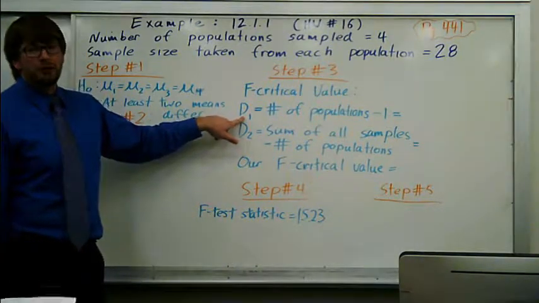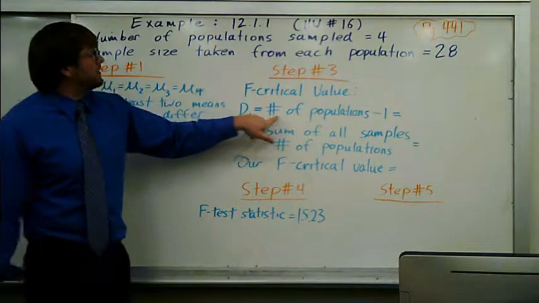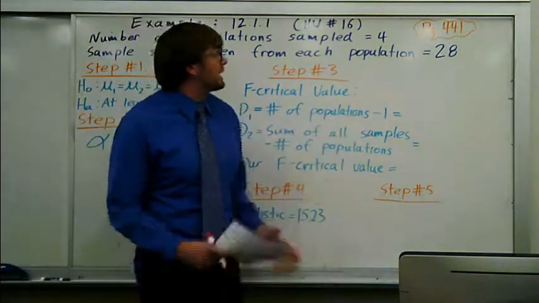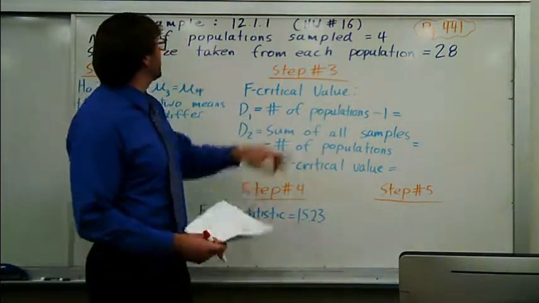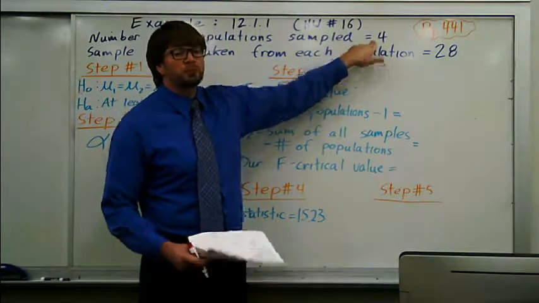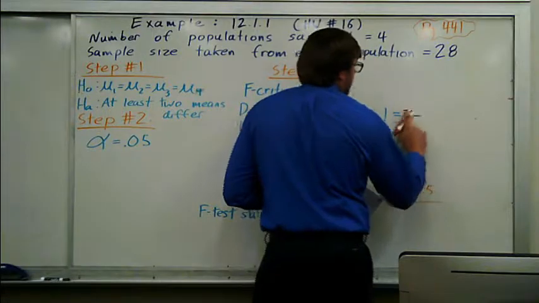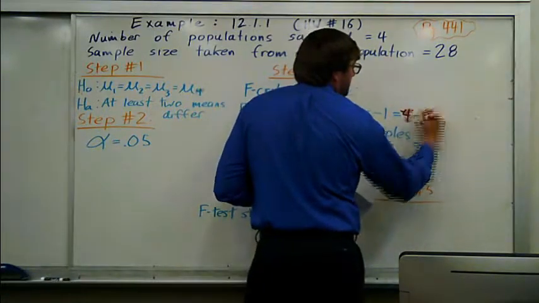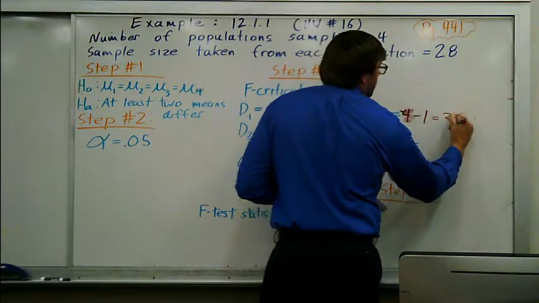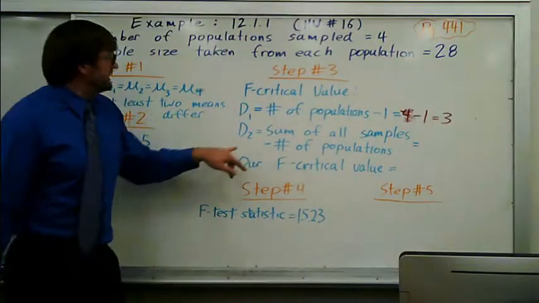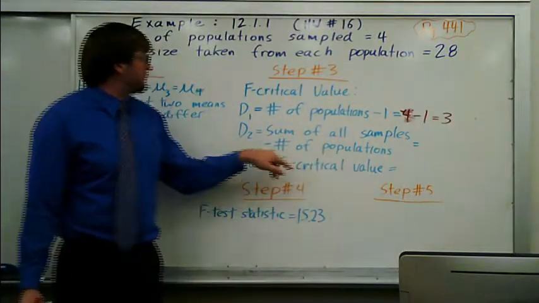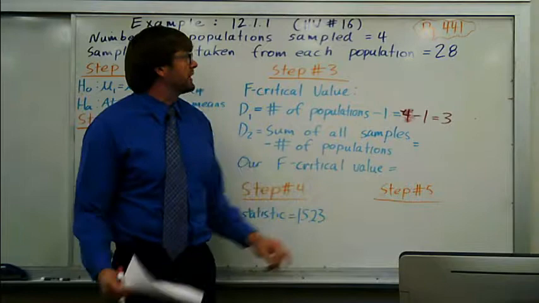D1, or your degrees of freedom number 1, is the number of populations subtract out 1. In this case, the number of populations sampled was 4, so D1 would just be 4 subtract 1, or 3. And then D2 is the sum of all the samples subtract out the number of populations.